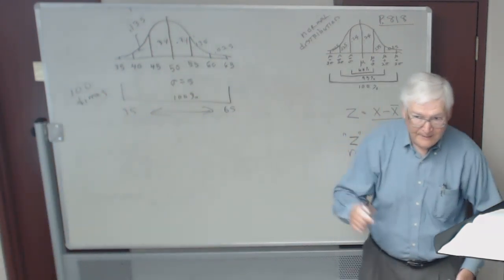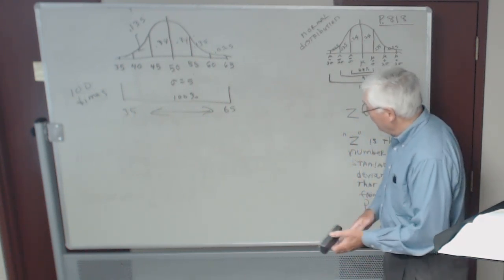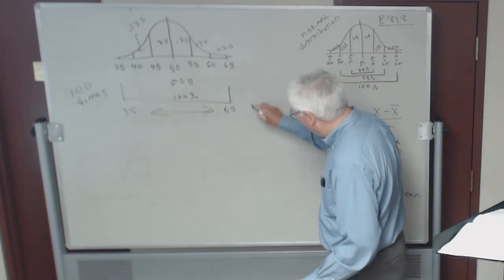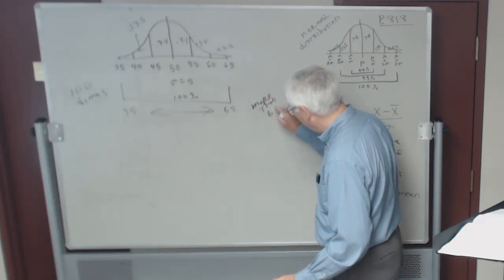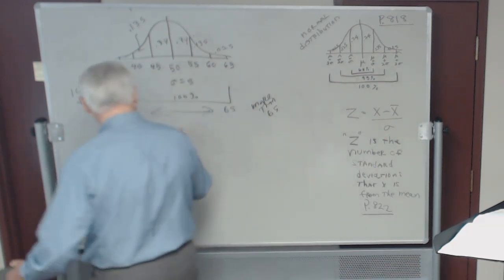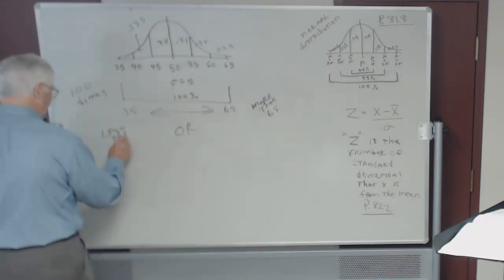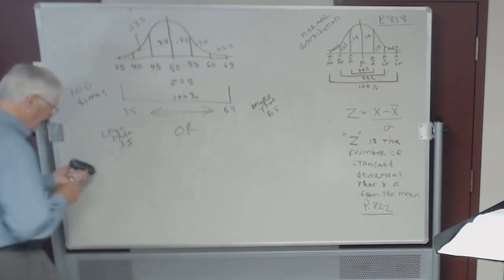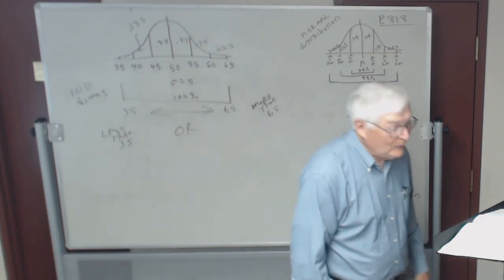So if this dime that I flipped 100 times, if I get more than 65 or less than 35, what would I say about that dime? It is not a fair coin.